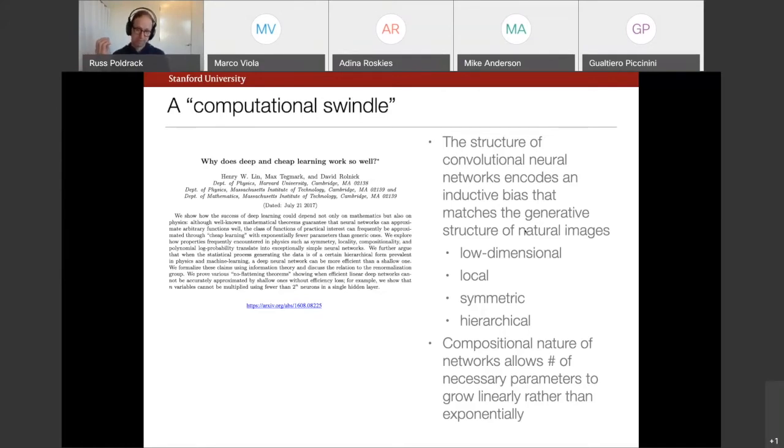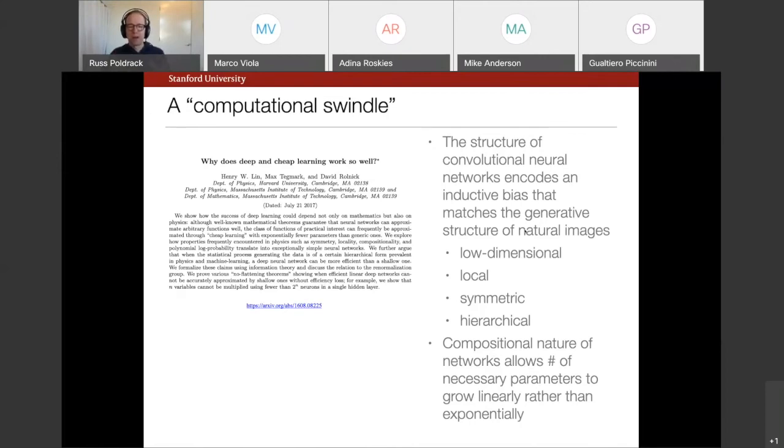It turns out that things are relatively low dimensional, right? Physics is relatively local. Things are relatively symmetric with regard to various transformations. So for example, if I rotate that picture of Coco 3 degrees, it's still Coco, right? And hierarchical: things in the world are generated through a set of hierarchical physical mechanisms, and the fact that edges ultimately come together to make objects is all represented in the architecture of those networks.